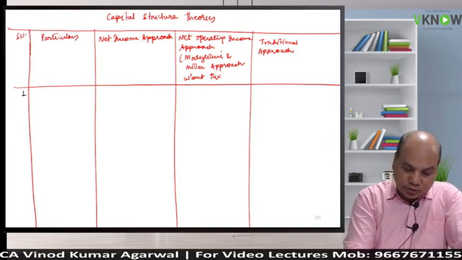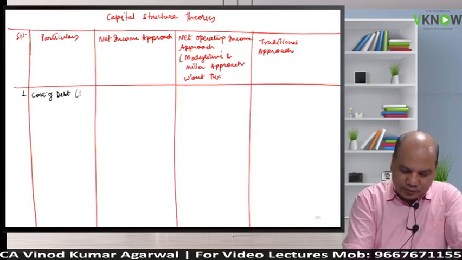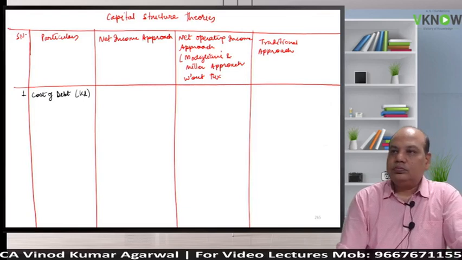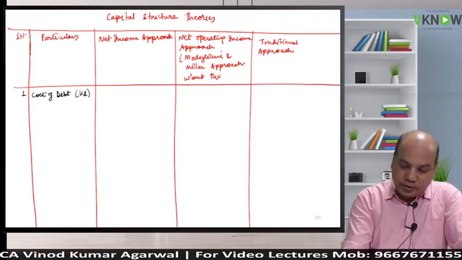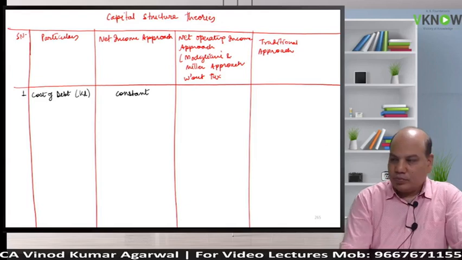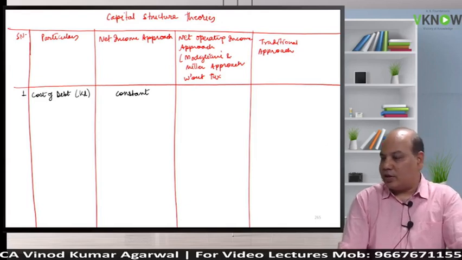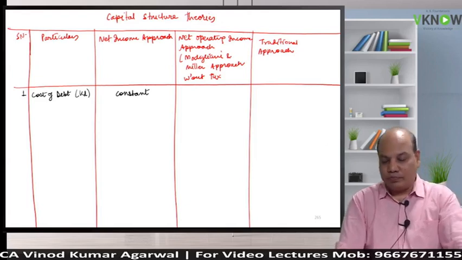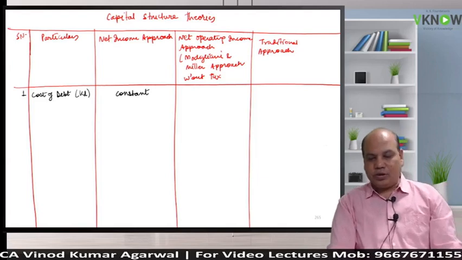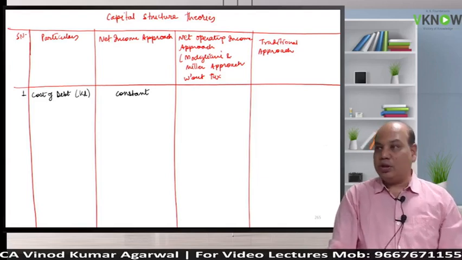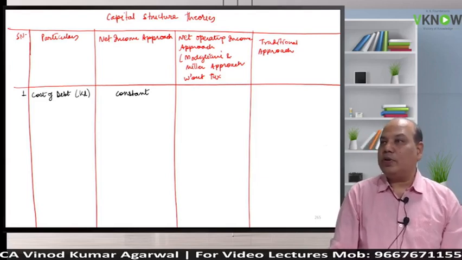First, what is the cost of debt, KD? Cost of debt is constant. Capital structure theories are trying to answer the question whether by changing the capital structure, the value of the firm will change.